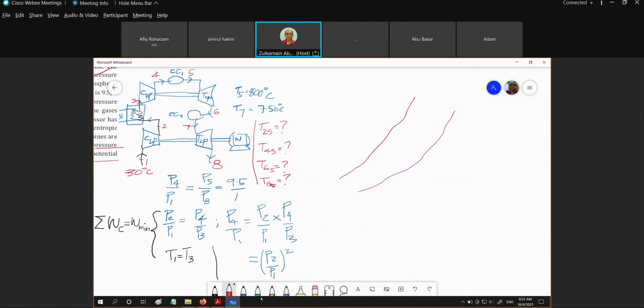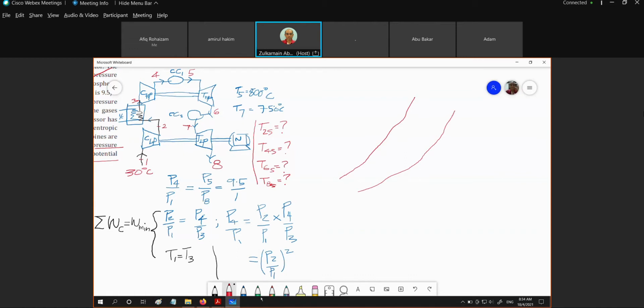Don't ever connect the intermediate pressure for the compressor side and the turbine side, unless the question says so. I repeat again, never connect the intermediate pressure for the compressor and the intermediate pressure for the turbine unless the question said so.